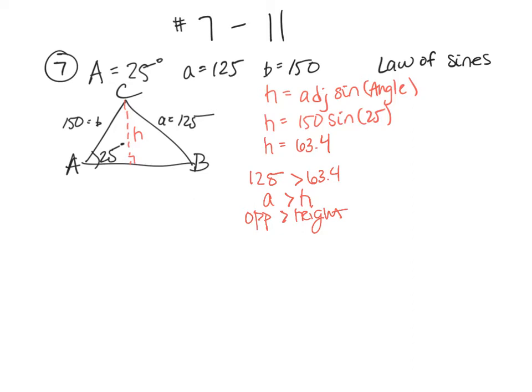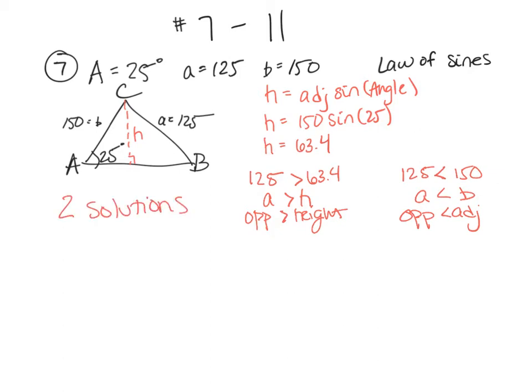Now, in order to see whether we have more than that, I'm going to compare my opposite side to the adjacent side. I see that 125 is less than 150, or side A is less than B, or the opposite side is less than the adjacent side. So since the opposite side is greater than the height and the opposite side is less than the adjacent side, this gives us a 2 solutions problem. So this problem will have 2 solutions.